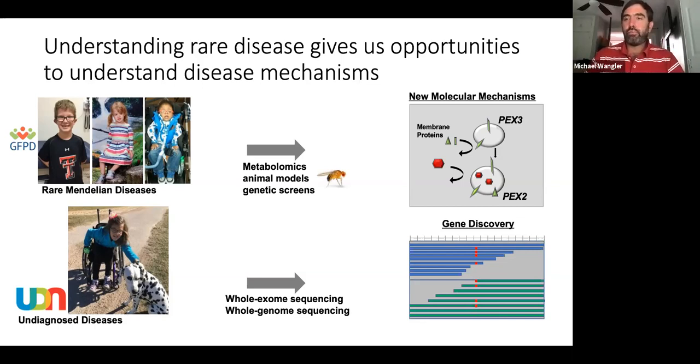And then also one of my passions is solving undiagnosed cases, having patients coming to my clinic not knowing their diagnosis. It's something that you really want to find out at the genetic level, what's causing disease. And for this, whole exome and whole genome sequencing has been revolutionary in the past few years, as everyone knows.